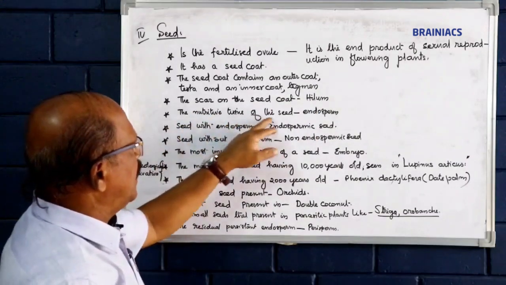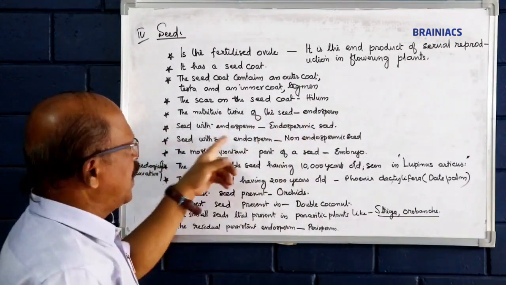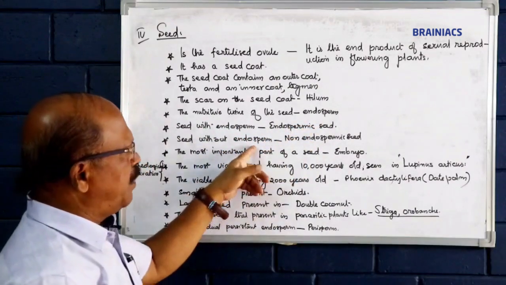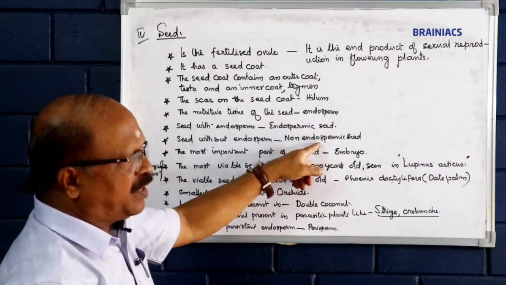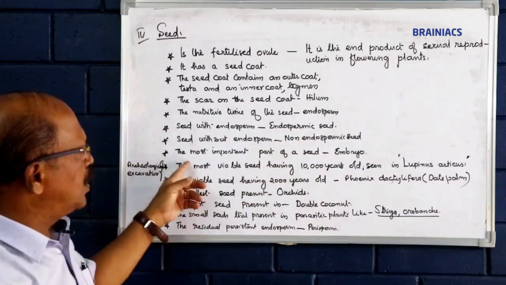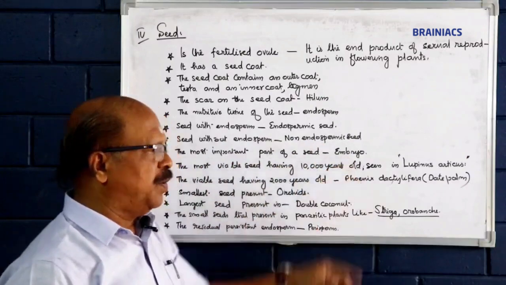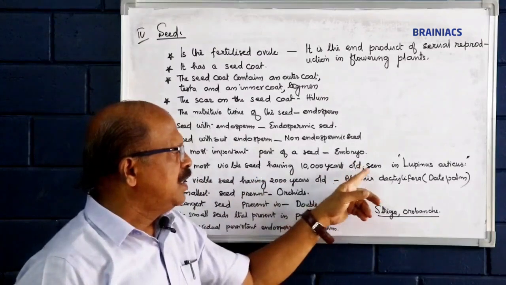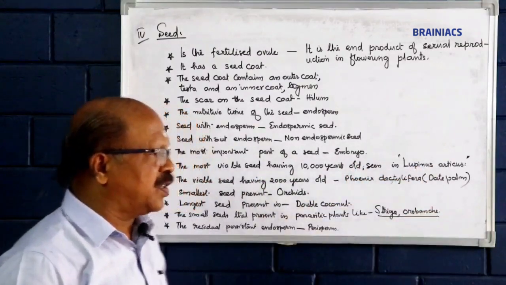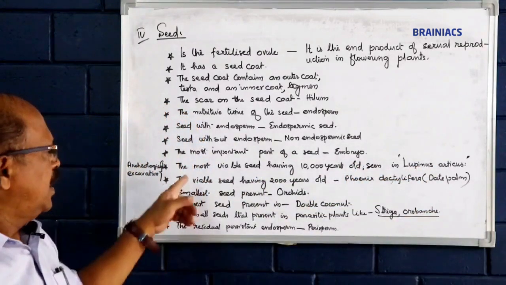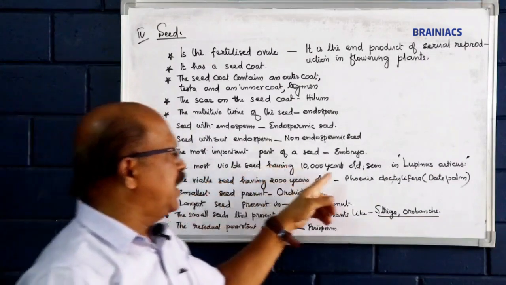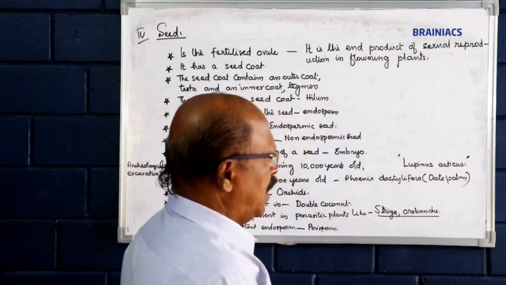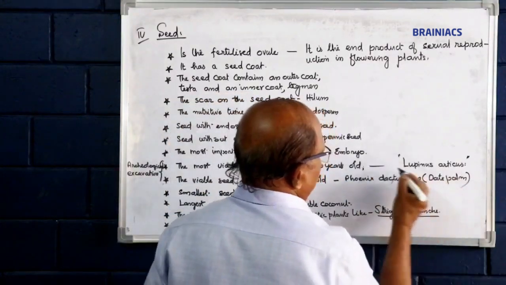The nutritive tissue of the seed is the endosperm. Seed with endosperm, endospermic or albuminous seed. Seed without endosperm, non-endospermic or exalbuminous seed. The most important part of a seed, embryo. The most viable seed, 10,000 years old, Lupinus arcticus, seen in the Arctic region.